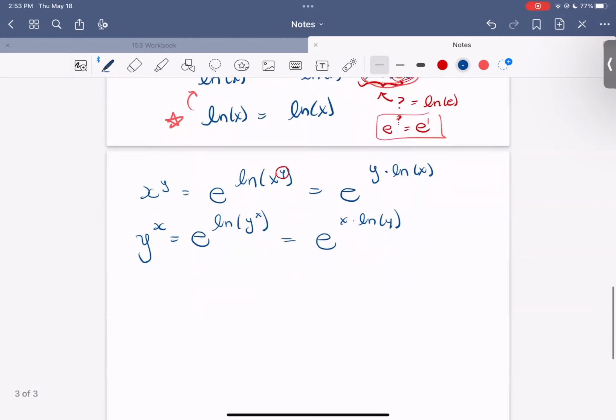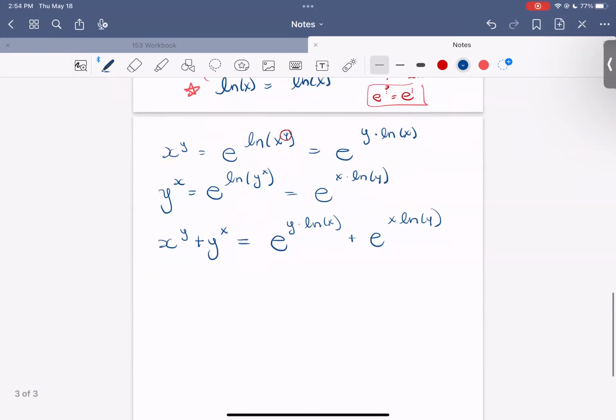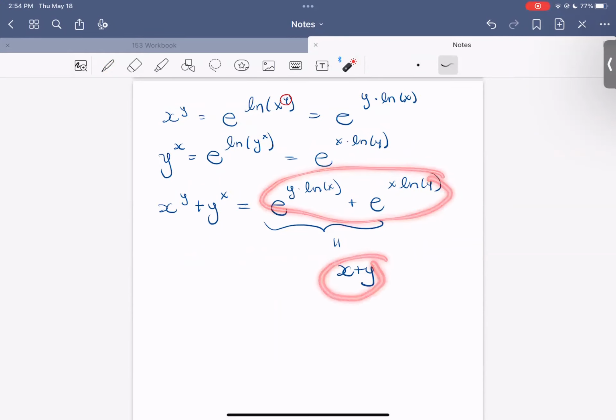So now that left-hand side of my starting function, x to the y plus y to the x, is equal to e to the y times ln of x plus e to the x times ln of y. And now all of this is equal to that x plus y. Okay, so now from here, I can more easily take the derivative of the left and right-hand side.